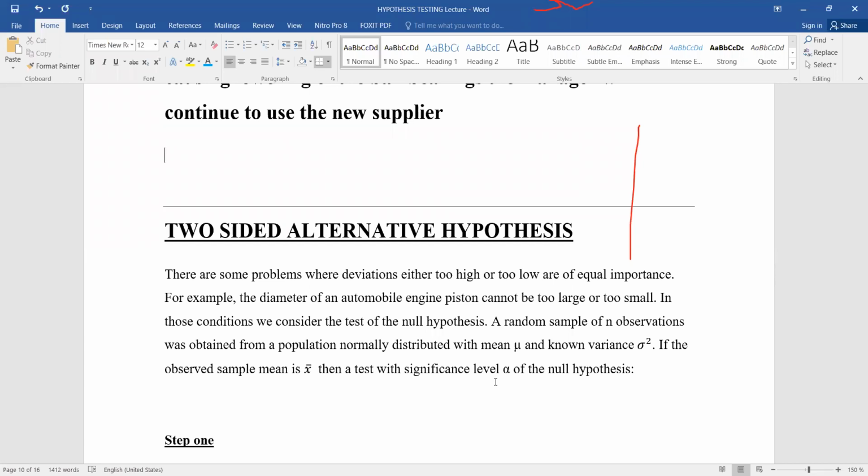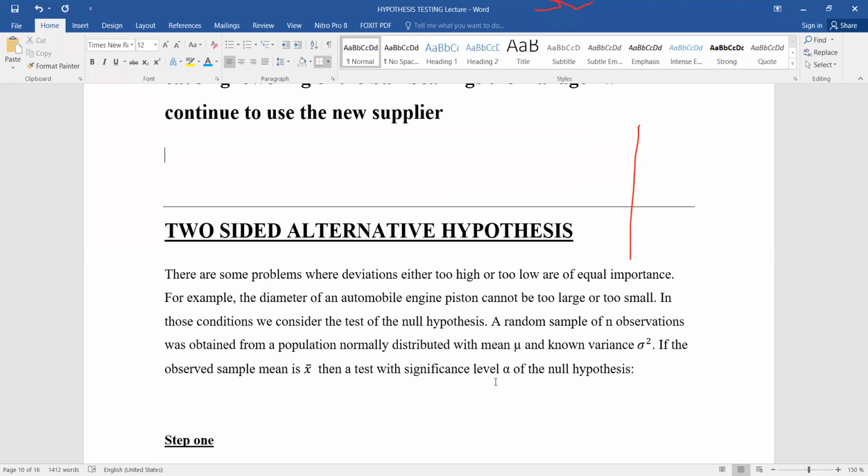And this is a continuation of the past. So I'll show you how these numbers are sometimes set. Sometimes they come as individuals, sometimes they come as a continuation of the central mean and the measures of dispersion. There are some problems where the deviations are either too high or too low, of equal importance.